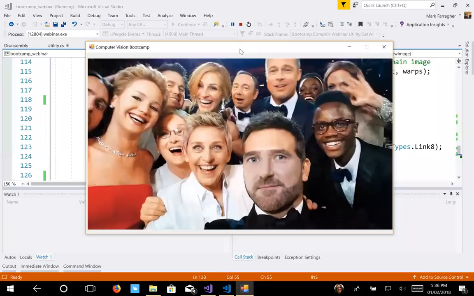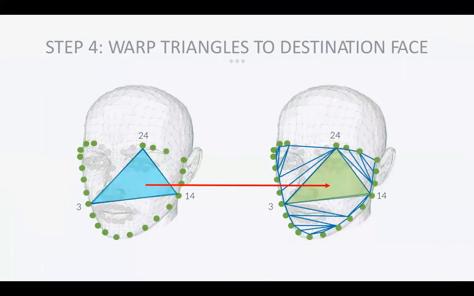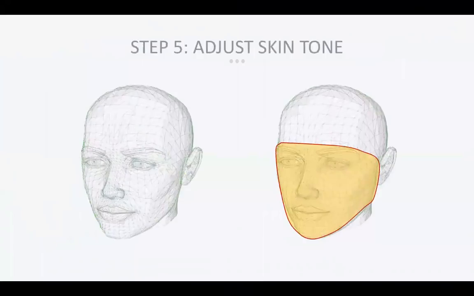So the final step, what we need to do, is adjust the skin tone. So we need to take my face and recolor all the pixels in my face so that they correspond with the average skin tone of Bradley Cooper's face. Now that sounds like a really complicated operation, but it's actually really simple. You can do it with a single method in OpenCV. There's a method in OpenCV called seamless clone, and that method does all the work for you.